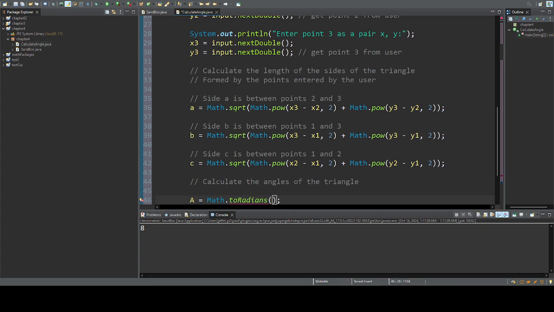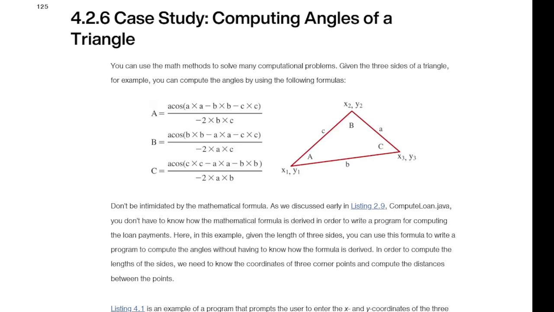So if I come back and look at this calculation, I have an arc cosine function of these multiplications with the subtractions divided by this multiplication here. So I'm going to want to do the math.acos and input these. Then I'm going to divide it by the bottom in parentheses because of the order of operations.